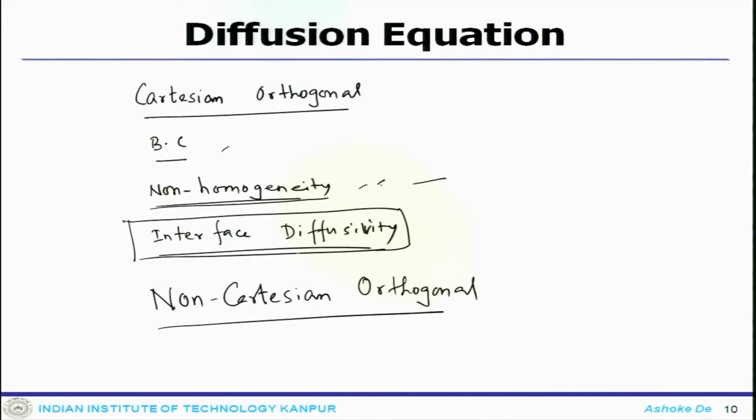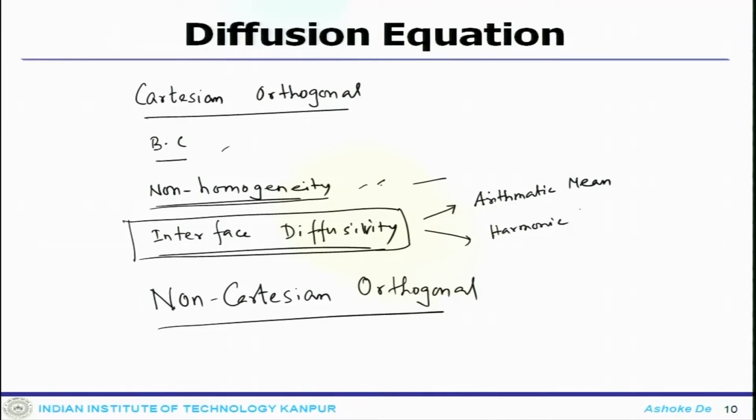We can calculate the interface diffusivity through different approaches. One simple approach was to consider the arithmetic mean, and the second approach that we considered was the harmonic mean.